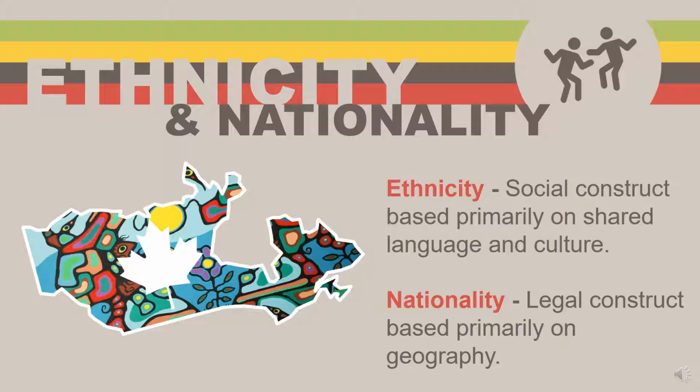Oftentimes, instead, we like to think of things in terms of ethnicity or nationality. The term ethnicity was first used in the 1940s when biological notions of race were discredited in the immediate post-Holocaust era. In fact, as a side note, race first emerged only a few centuries earlier as a way to persecute European Jews as a distinct racial category.